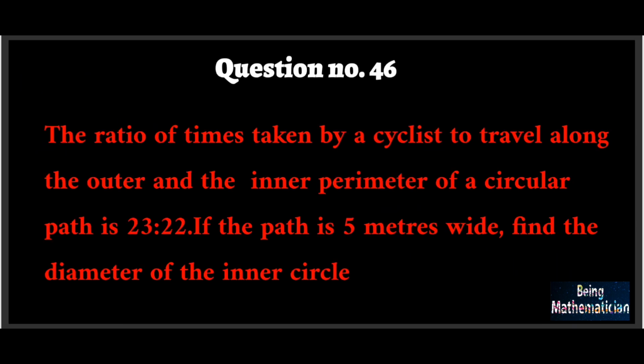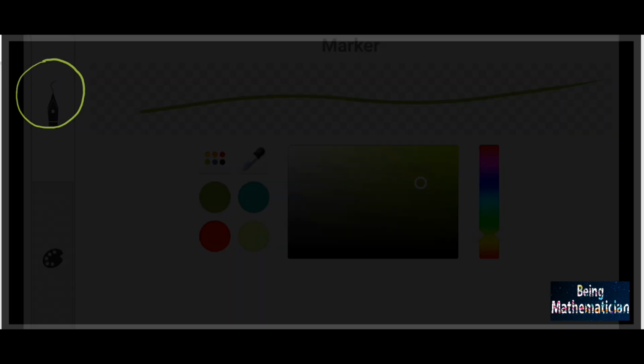Question number 46. Let's draw a rough diagram of the question. Let us assume that this is our outer circle and this is our inner circle. Given that this distance is 5 meters.